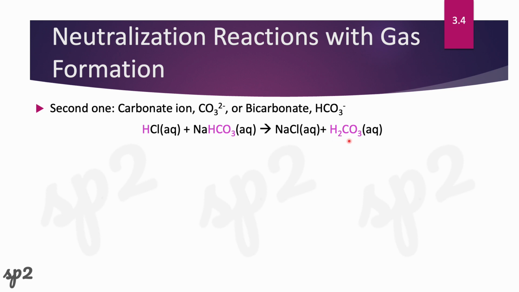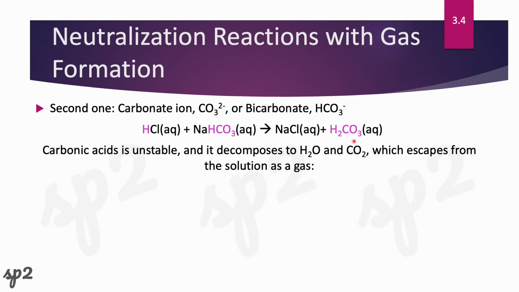Now, it is important to note that carbonic acid is not stable. It is going to decompose spontaneously to water and CO2, which is going to escape from the solution as a gas. So practically, your carbonic acid is converting to water and CO2. And CO2 is a gas, that's your carbon dioxide, so it's going to escape from your container.